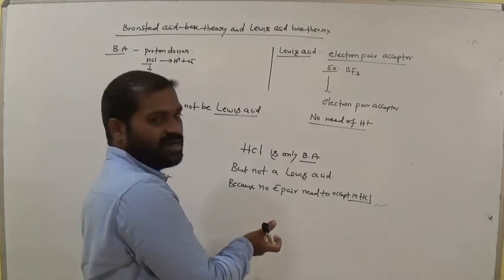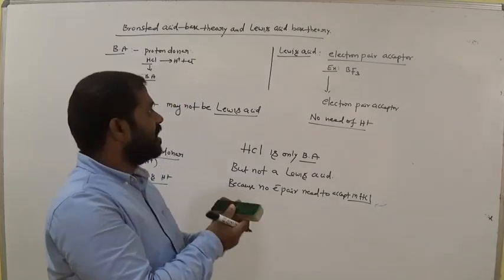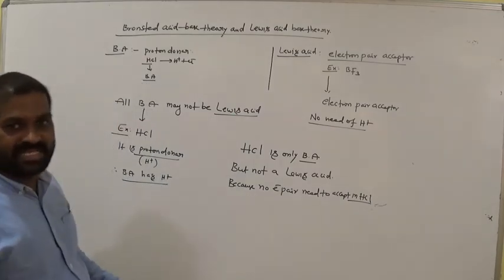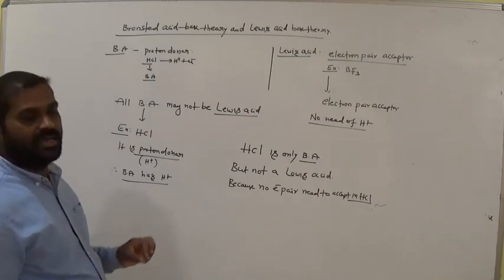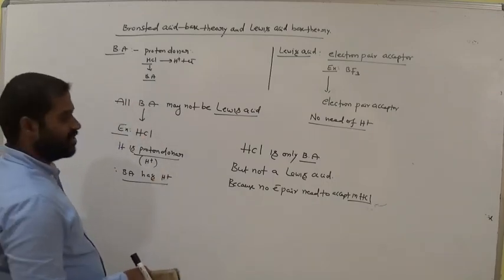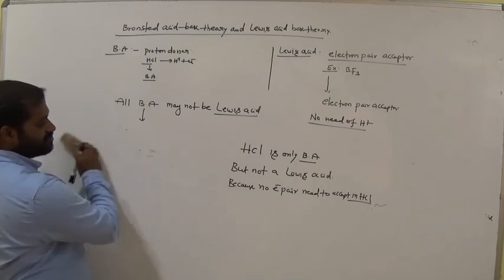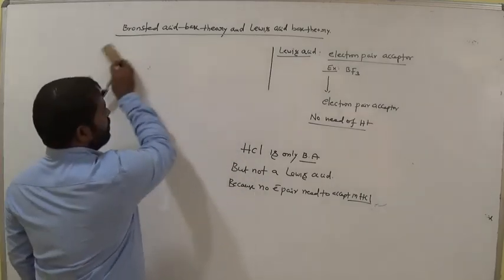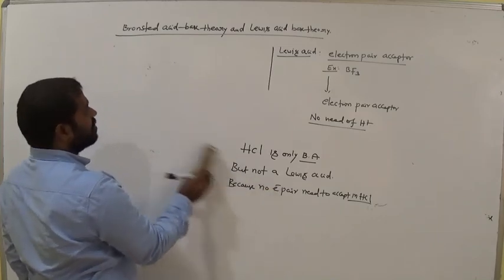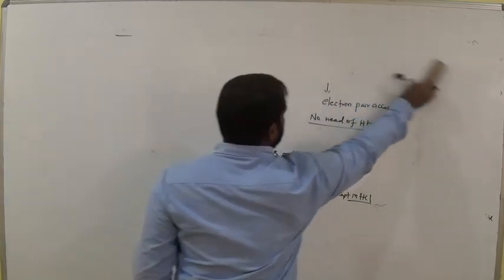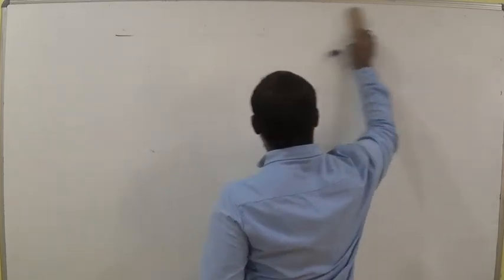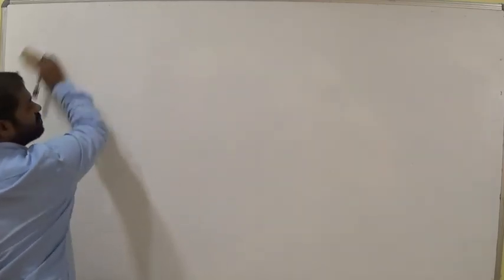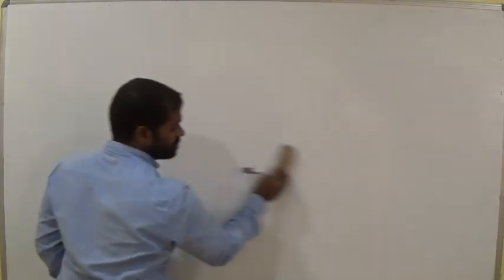There is no need of electrons in HCl, so it doesn't have Lewis acidic character. Okay, not a Lewis acid. Remember this. This is the comparison in the above three theories. Very, very important. Is it clear, all of you? Are you following or not?